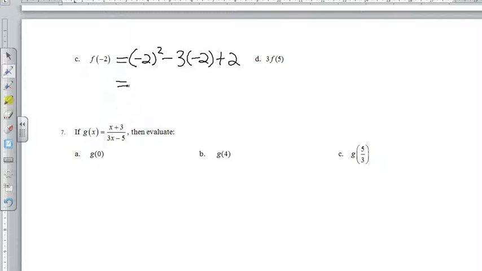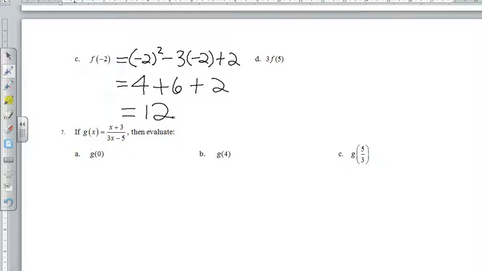What's negative 2 quantity squared? Positive 4. Okay, 4. Then what? 6. Plus, minus, times, divide. Plus 6. Right? Because you're going minus negative 6, which is plus 6, right? Plus 6, plus 2, which is 12, right? So f of negative 2 is 12.